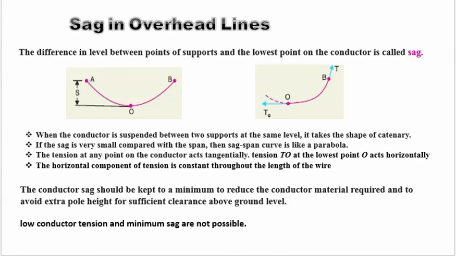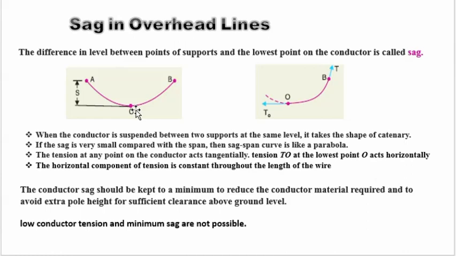Next thing is sag in the overhead lines. As you can see in the diagram, A and B are supporting points, and this pink line is showing a conductor, and from A and B the conductor is suspended, and this point O is the lowermost point on the line.